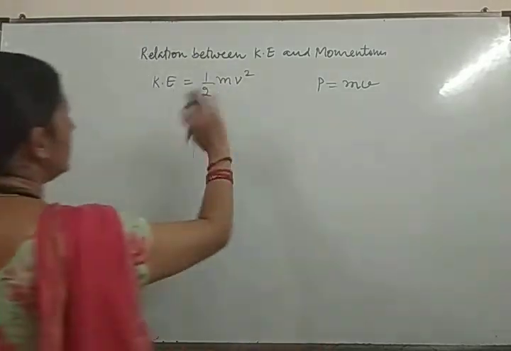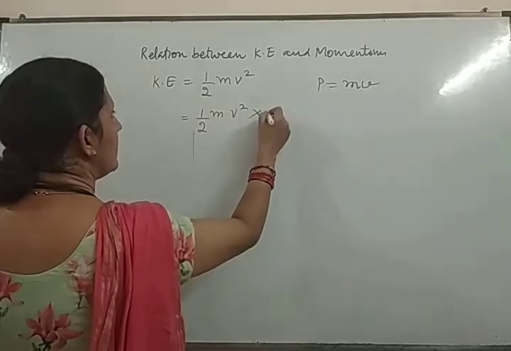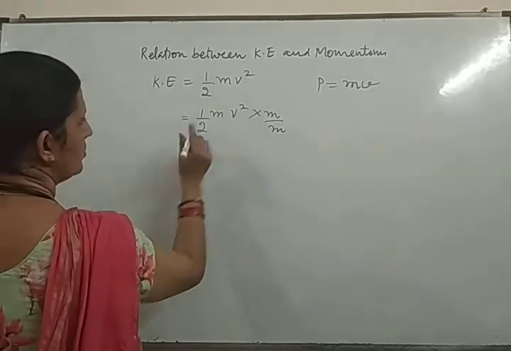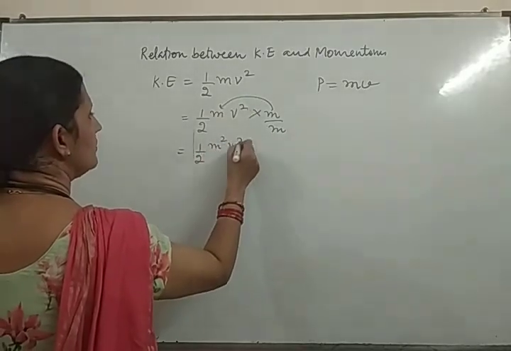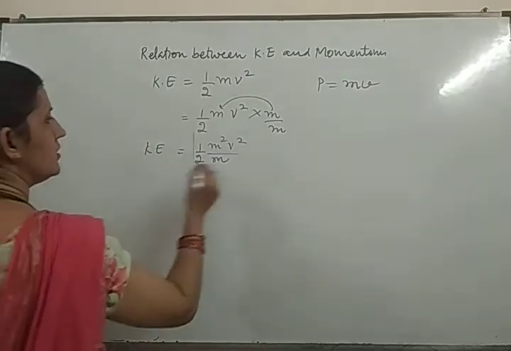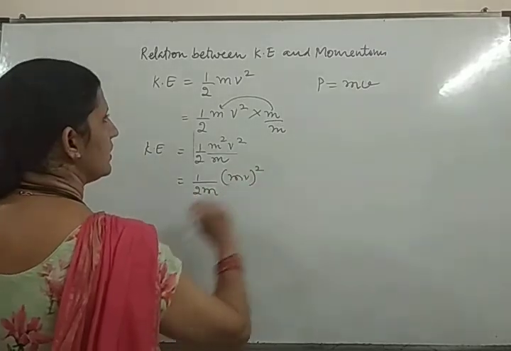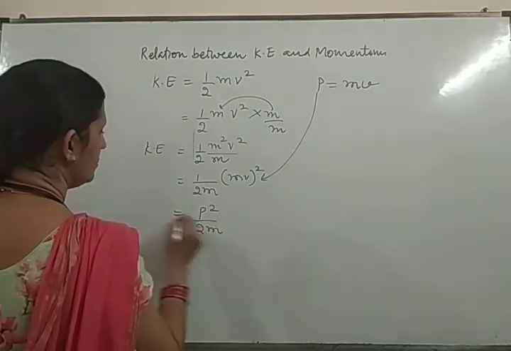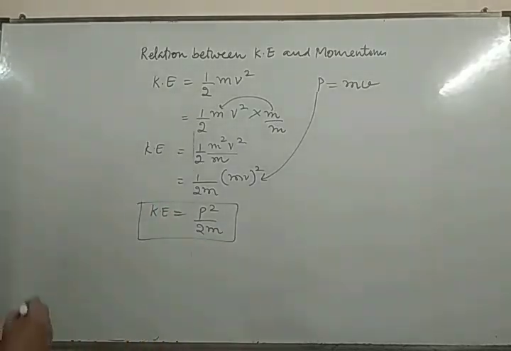For finding the relation, if we multiply and divide by the same term, then the result will not be affected. So you have half into m square v square with m in the denominator. Here is the kinetic energy, so you can write it as 1 by 2m into mv whole square. Put the value of p here, you will have p square by 2m. This is kinetic energy. This relation is a very important relation.